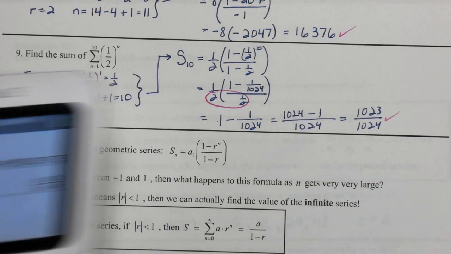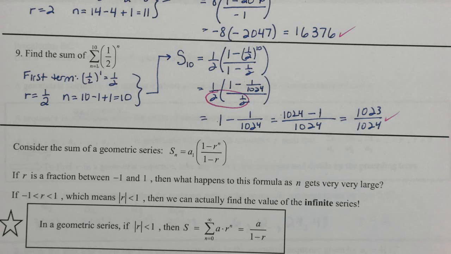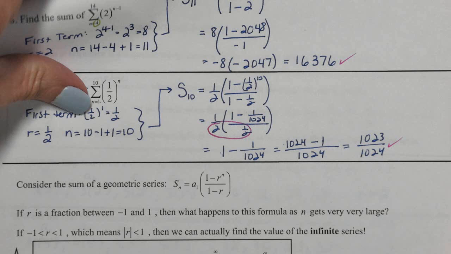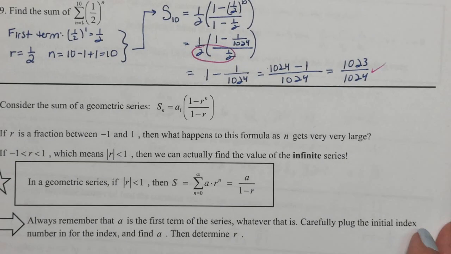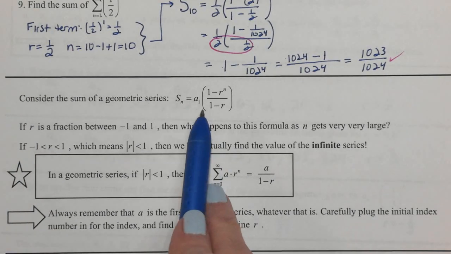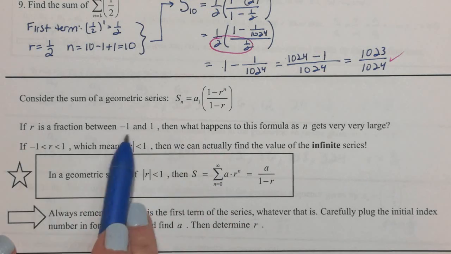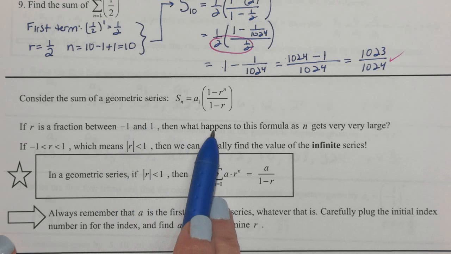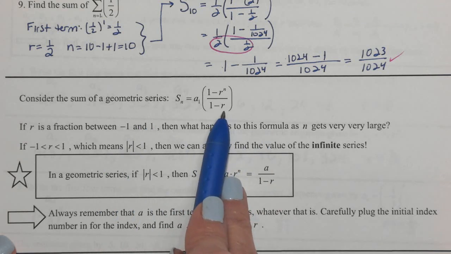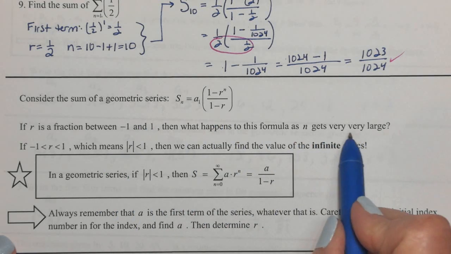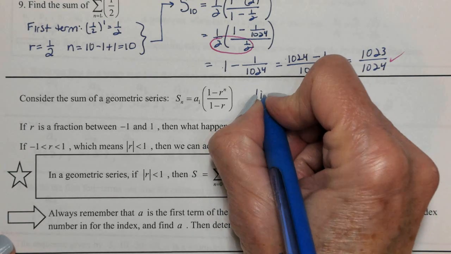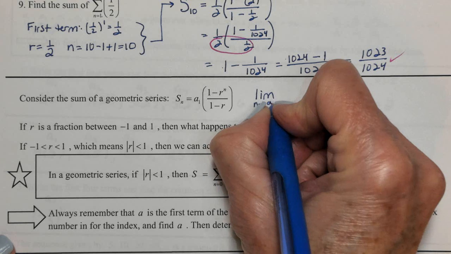That's good. Alrighty. Let's consider our formula for the sum of the first n terms of a geometric series. If r is a small fraction between -1 and 1, what happens to this formula? As n gets very, very large, what happens as we let n go to infinity?